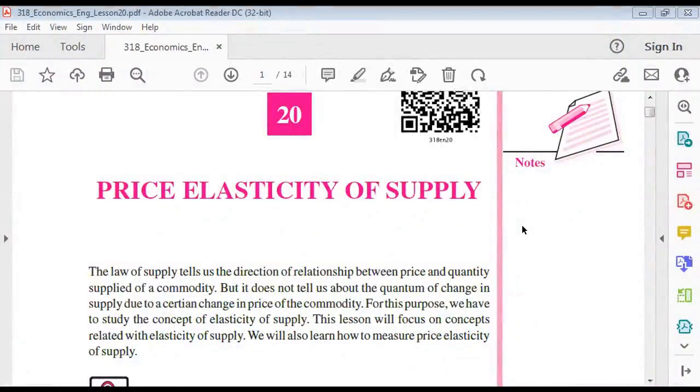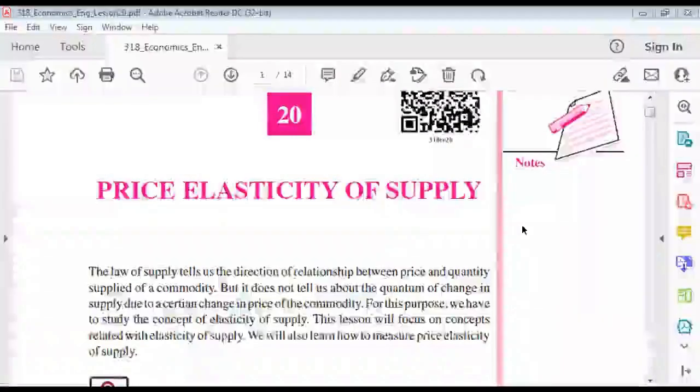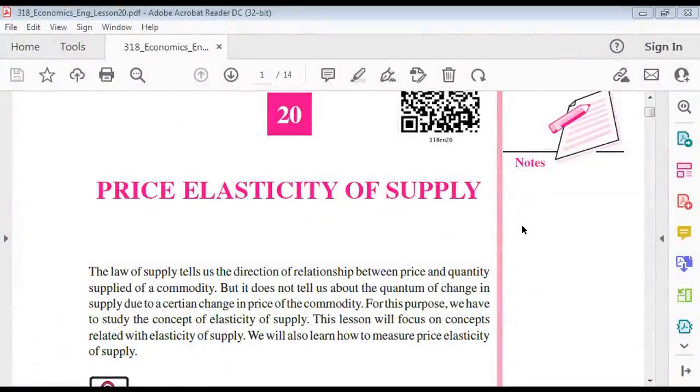You'll find it absolutely easy to understand this concept, price elasticity of supply. The reason is you have already discussed the concepts of elasticity of demand in unit 1. That is, one is price elasticity of demand, second is income elasticity of demand, third is cross elasticity of demand. So that is why you'll find this very easy.